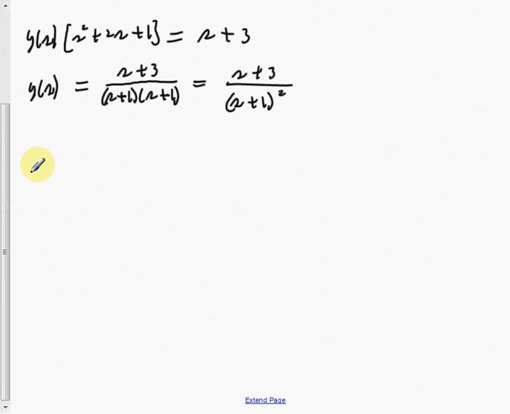Take the inverse of both sides, so I get y of t is equal to the inverse of (s plus 3) over (s plus 1) squared. And they don't give us any easy problems. We have to use partial fractions on this.